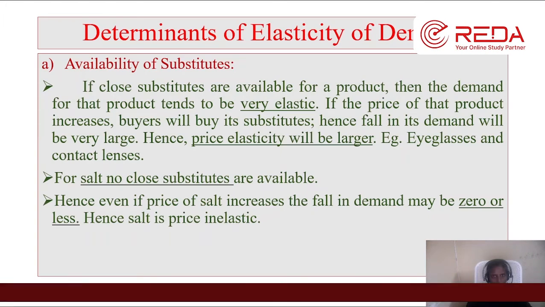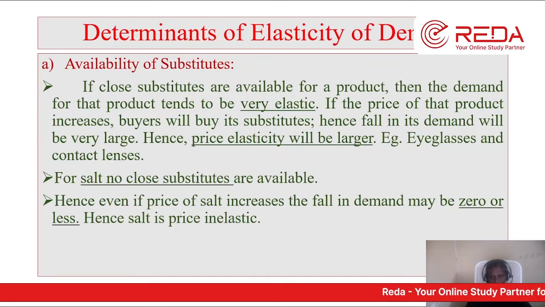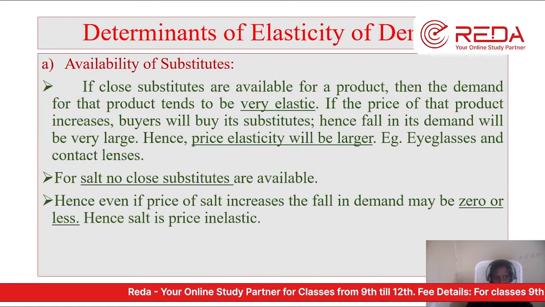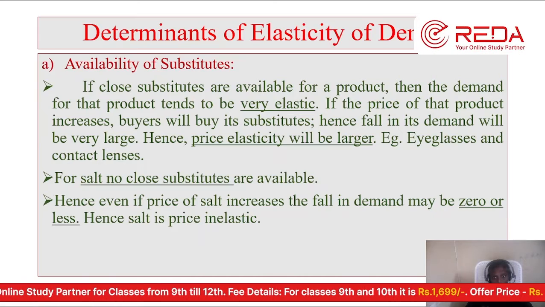The demand will be very elastic when the price of the substitute product changes. If the price of the substitute goods falls, the demand for the commodity will be very large, which we call price elasticity.